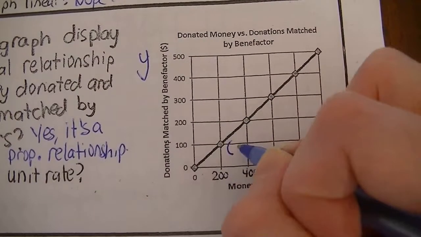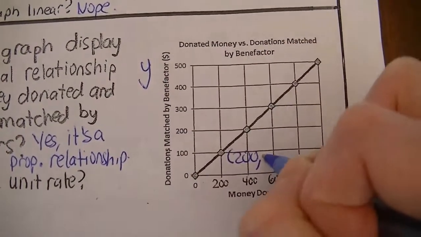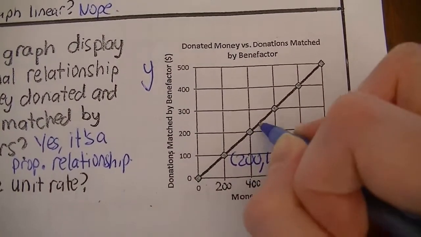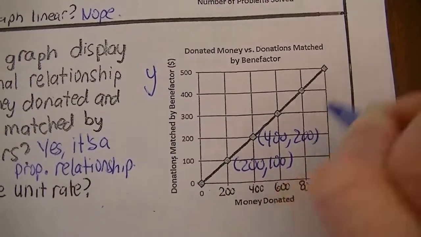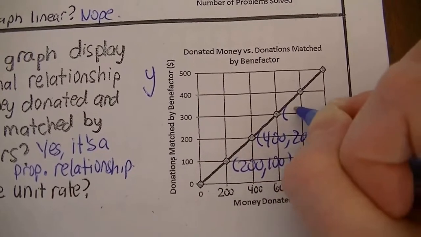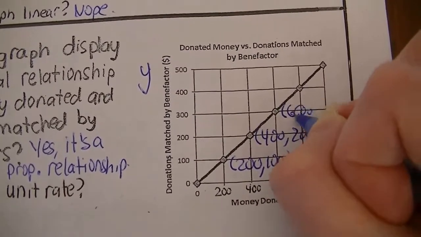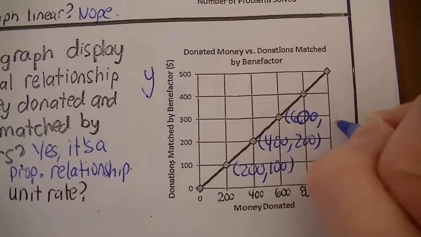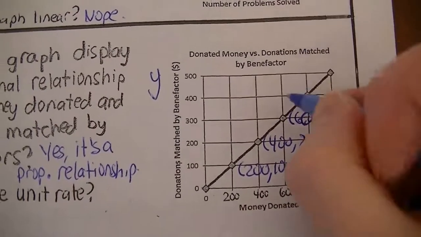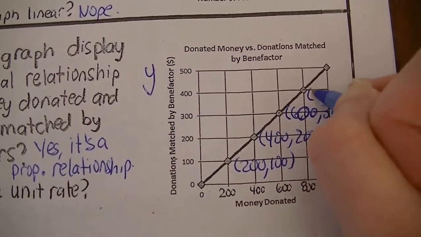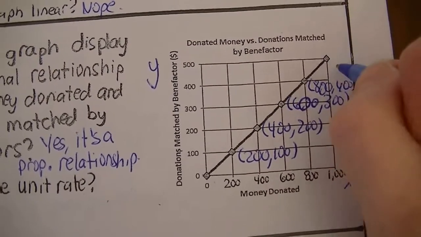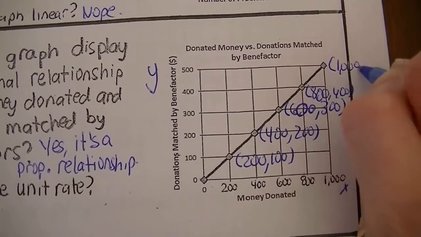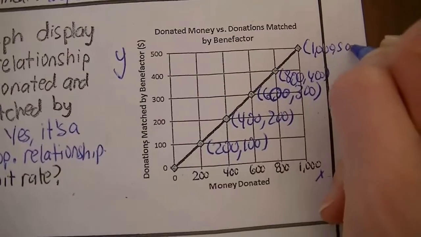This point is 400, 200. This point is 600, 300. This point is 800, 400. This point is 1,000, 500.